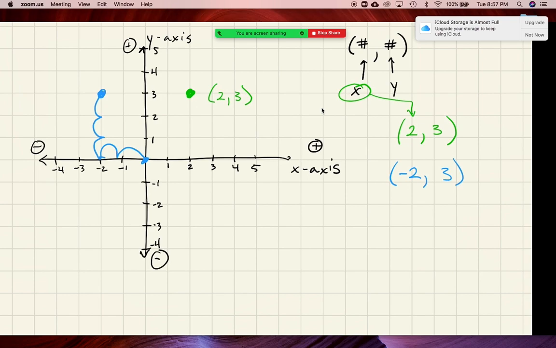So this one is negative 2, 3. The negative means you went backwards on the negative part of the x-axis. Same if it was negative 2 and negative 3: I would go to the negative 2 and then go down 3. You'd still start here, 1, 2, and then 1, 2, 3. So that would be negative 2, negative 3.